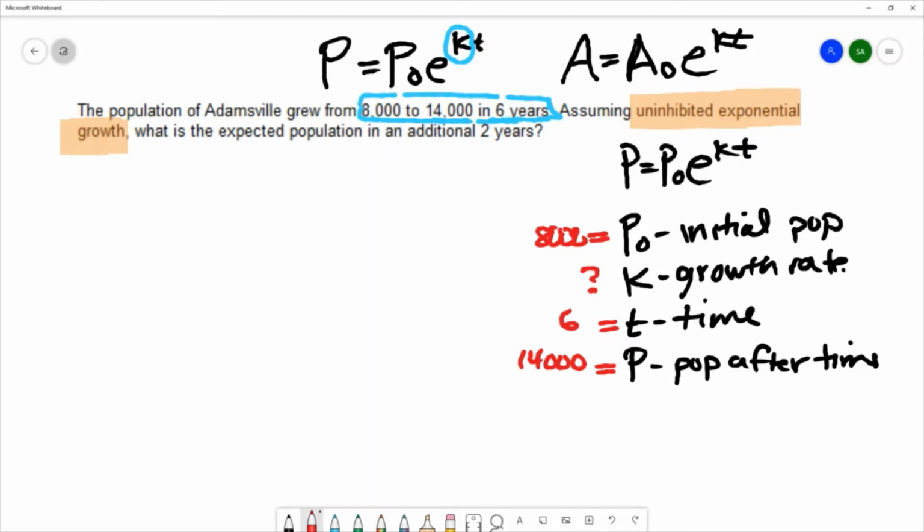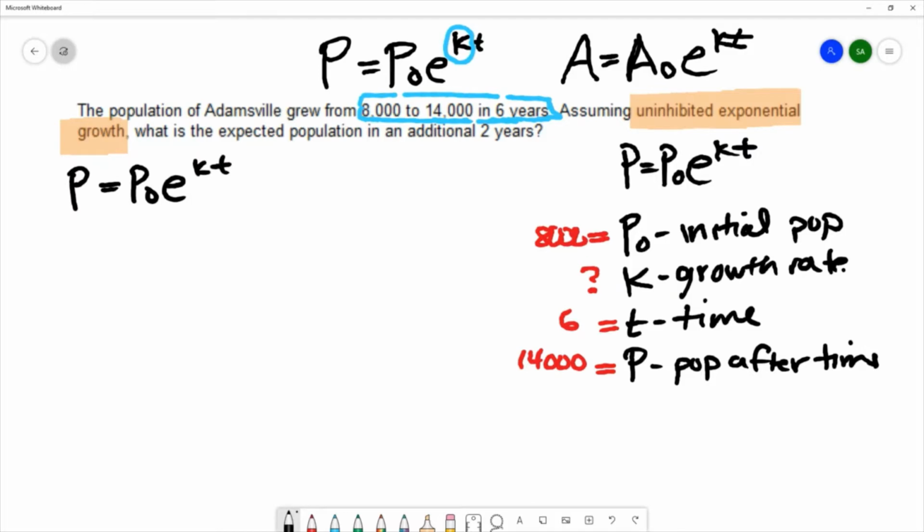So with that information, we're going to be able to find the growth rate, which is what we need for our model. So we're going to substitute these values into our exponential growth model. P equals P naught e to the kt.